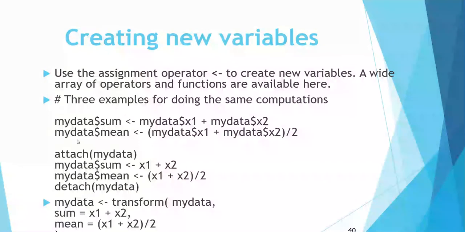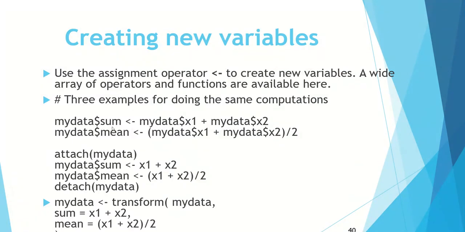Basically, creating a new variable here tells, if you have one data frame and you want to add another column to the data frame, this is one way. Suppose you have a data frame named my data, and the column sum is not there, and you want the sum of two other columns, my data column x1 and column x2, then you can do this by just writing this code.